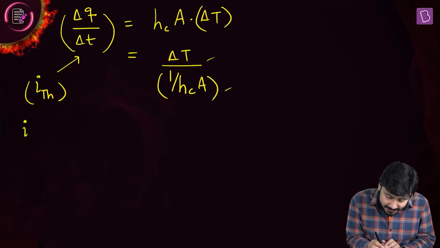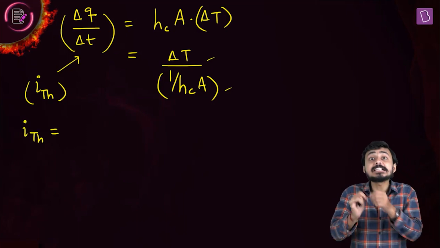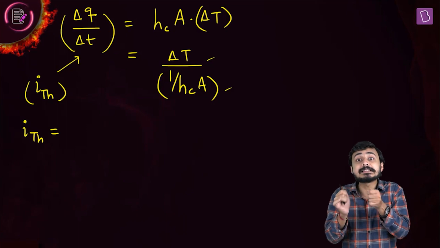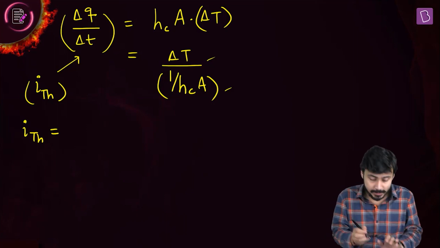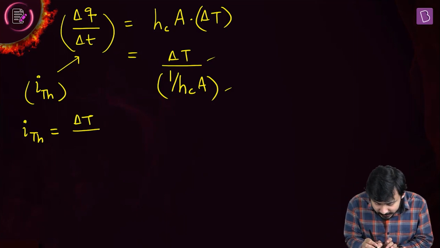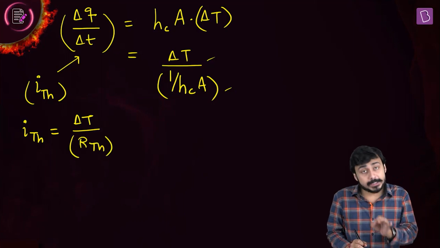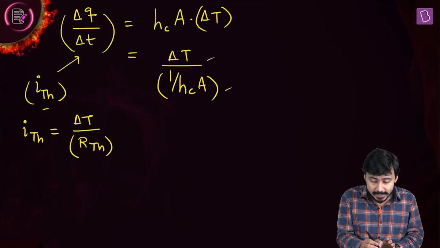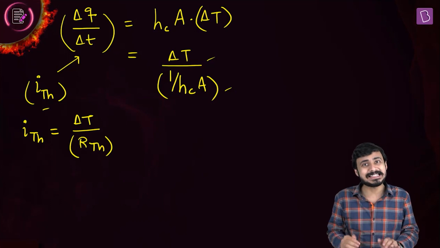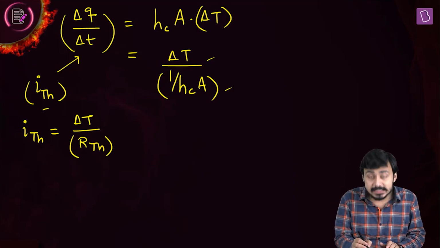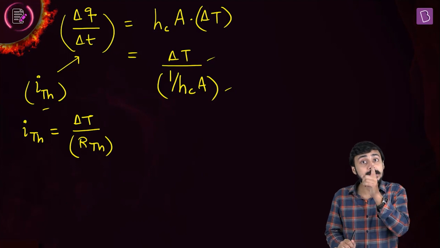And the thermal current in the generalized form, if the temperature difference is delta T across which it is flowing, is given by delta T by R thermal. So for this particular process, where thermal current is delta T upon 1 by HcA, this 1 by HcA must be equivalent to the thermal resistance.